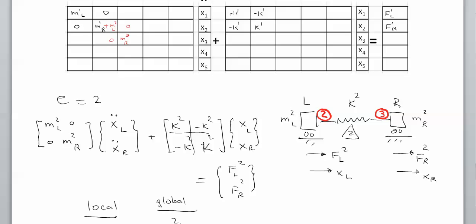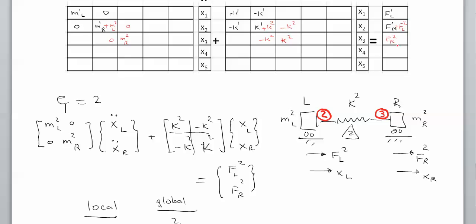These are not squares. This is not the square of ml. It's from element number 2. And then plus k2, minus k2, minus k2, plus k2, which I'm going to just leave as k2. And there's going to be plus fl and fr, but from element number 2.